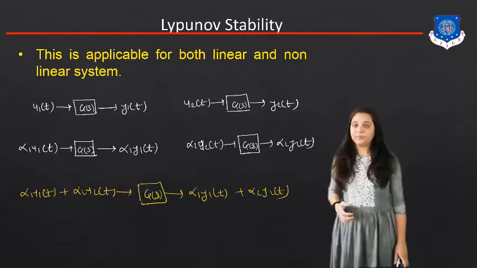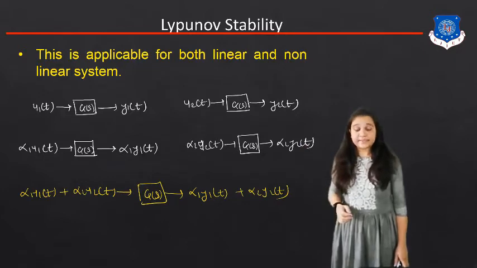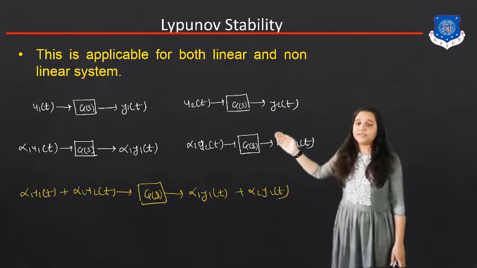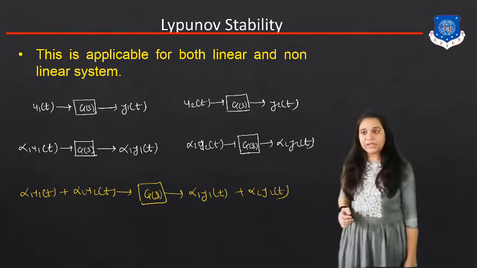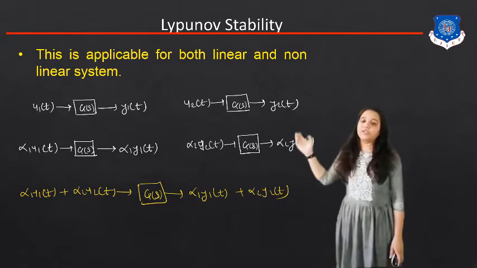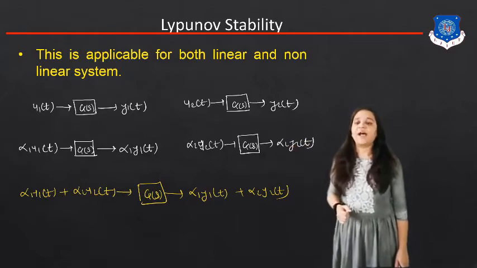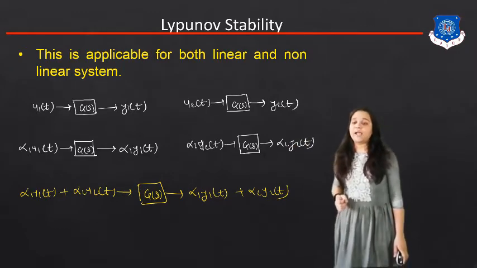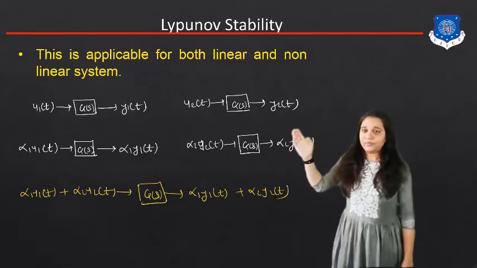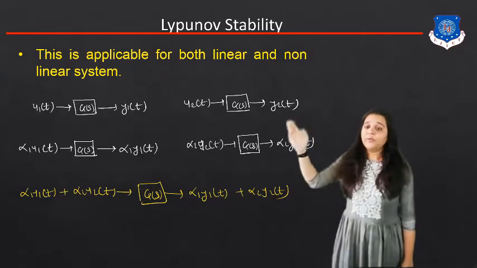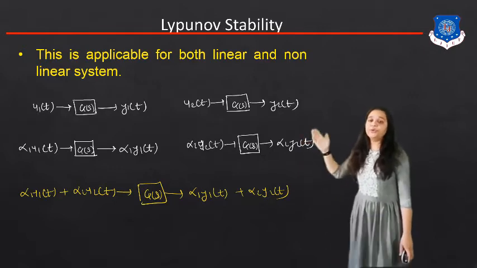For that we have to take one example. We take one system G(s). u1(t) is the input signal applied to the system G(s), and y1(t) is the output signal for this particular system. Next, we change the input signal to u2(t).